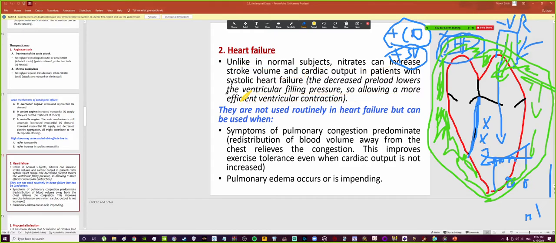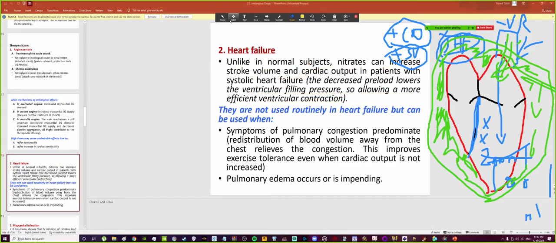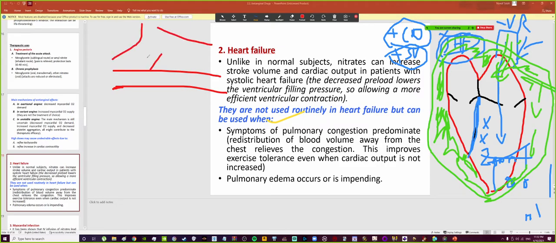And we can also use this for pulmonary congestion that usually comes from heart failure. Pulmonary congestion is when there's accumulation of fluid, pulmonary edema, basically. So you have a blood vessel attached to the lungs, with the alveoli, and there's going to be accumulation of fluid, right? Pulmonary edema. Basically, what nitrates can do is vasodilate the veins.